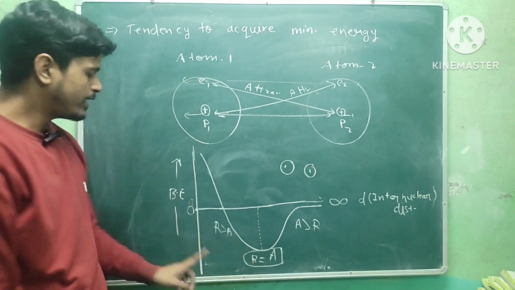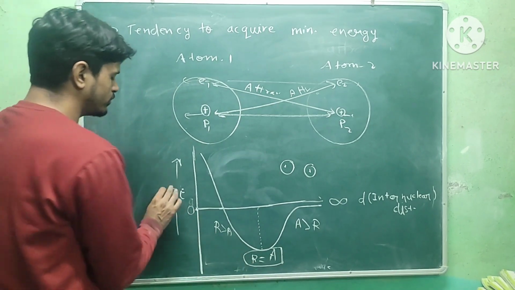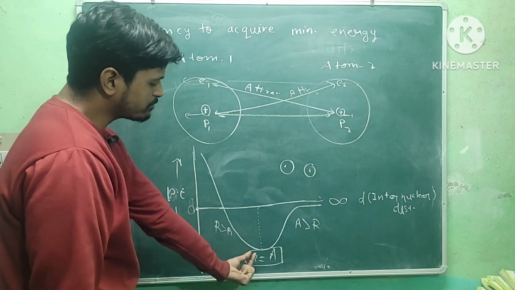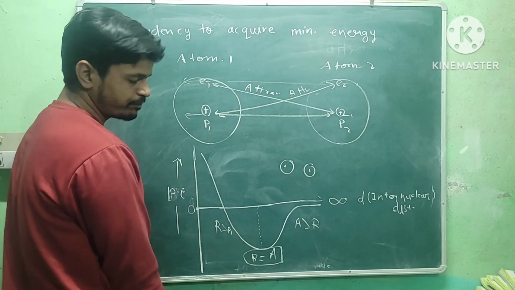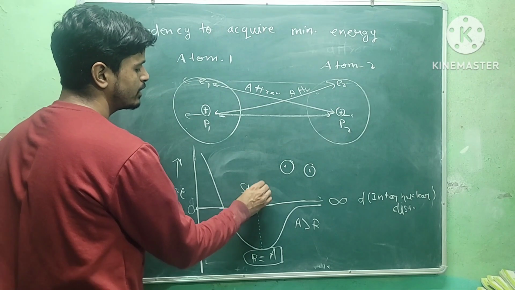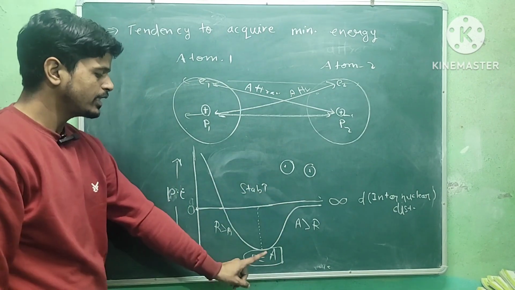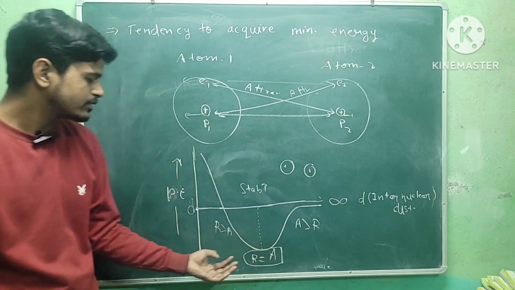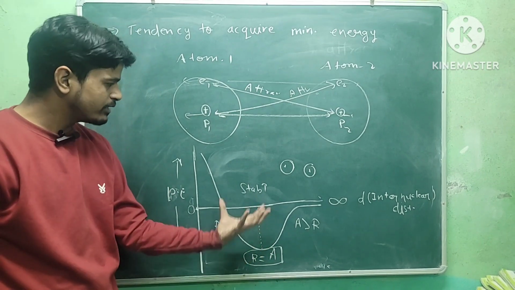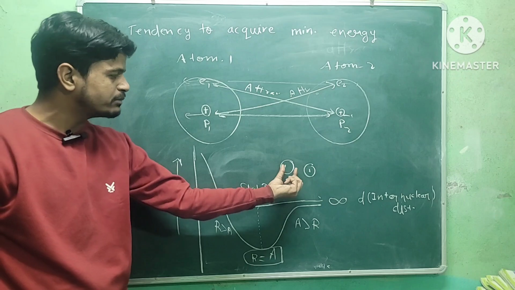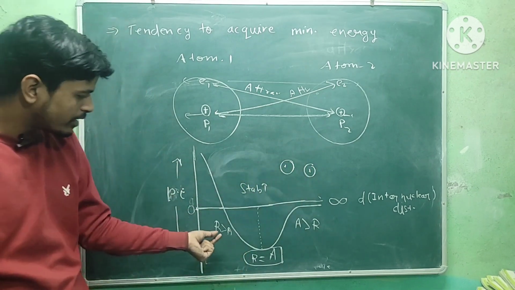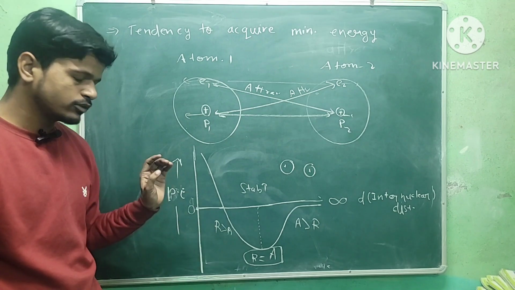become equal. And here bond energy, or potential energy, will become minimum, and stability becomes maximum. At this point stability becomes maximum. After this, when we decrease the internuclear distance between these two atoms further, attraction will not dominate.